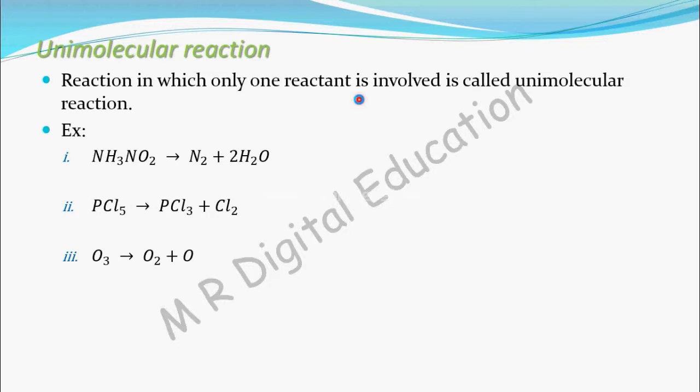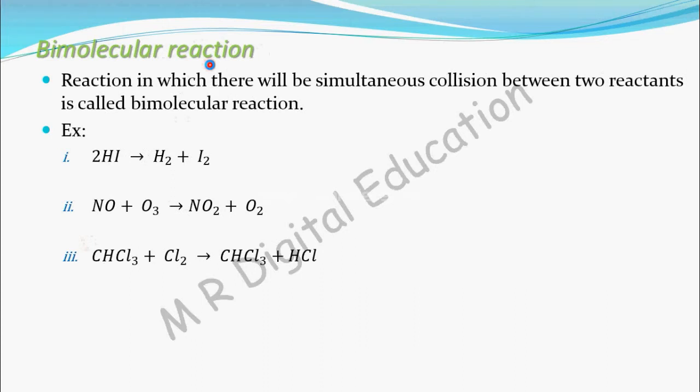Example: NH4NO2 gives N2 plus 2H2O. In this reaction, only one reactant is involved. One more example: PCl5 gives PCl3 plus Cl2, and O3 gives O2 plus O. In all these reactions there is only one reacting species, that is, only one molecule is involved. Such reactions are called unimolecular reactions.